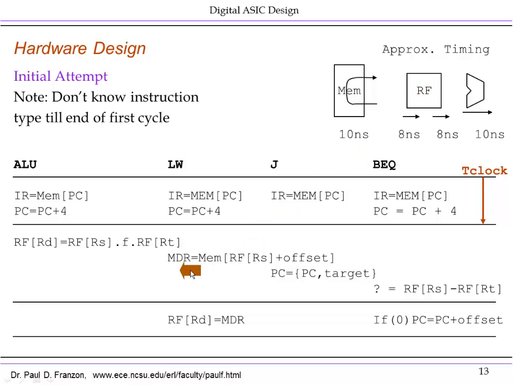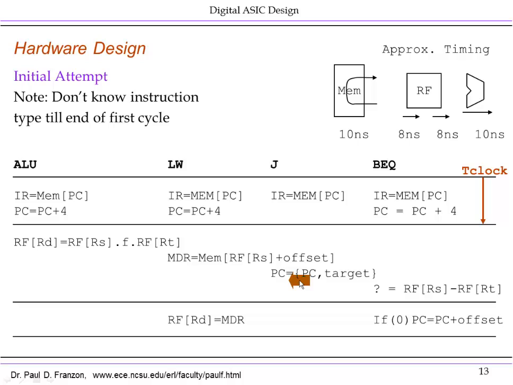For the load word, we're going to write to the memory data register from the address that's calculated by reading the register file, adding that, and fetching the memory. Then the third clock cycle, because it's not complete yet, we're going to have to store that in the register file.